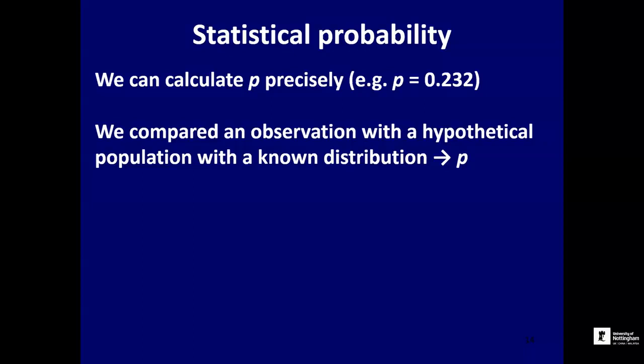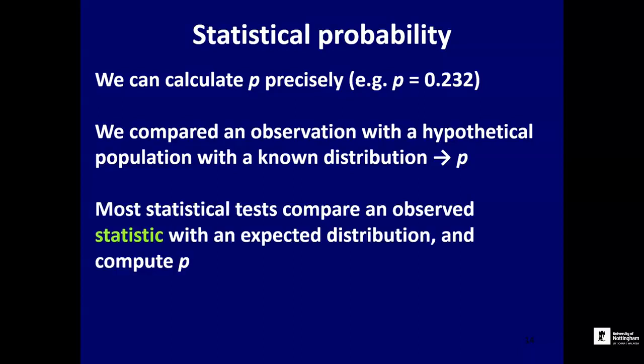They take a known hypothetical population and they compare it with either one or more data, and we ask how likely are the data to have cropped up in a world in which that hypothetical population is really true. So that's how they work, or I should say not all statistical tests, but most statistical tests that you're going to encounter work on this basis.